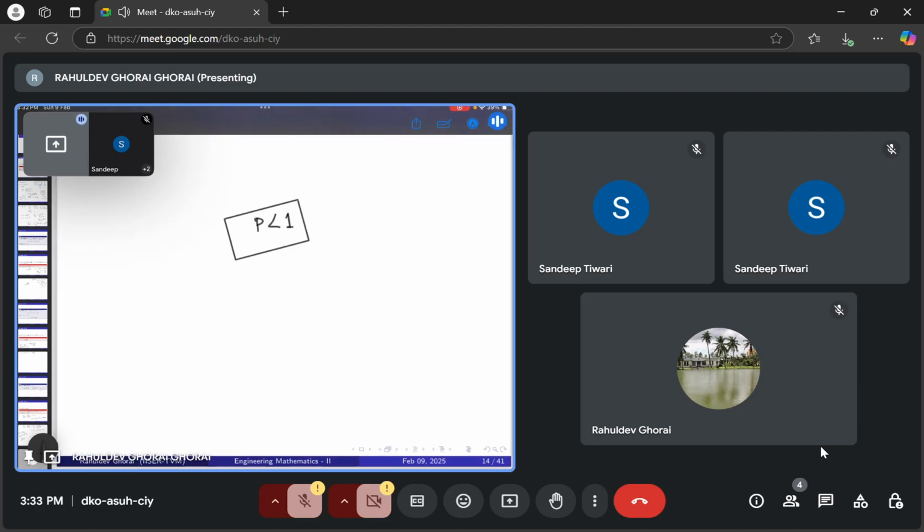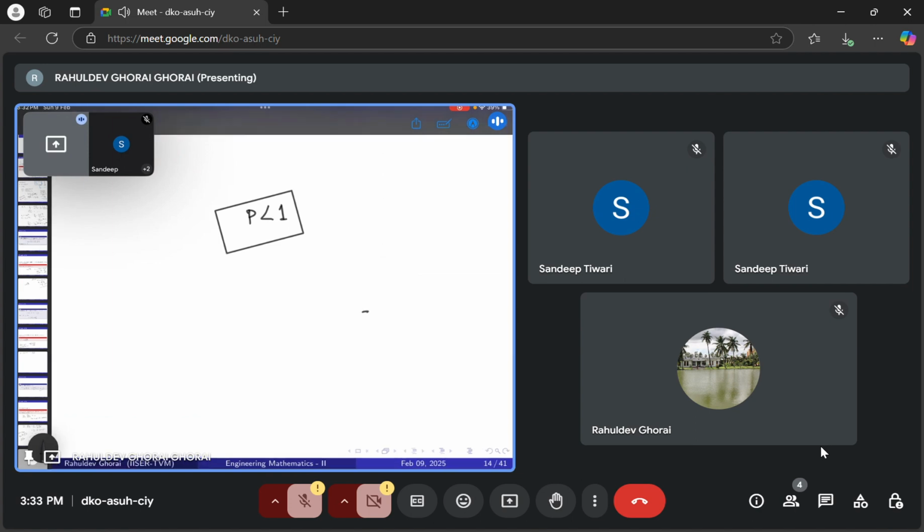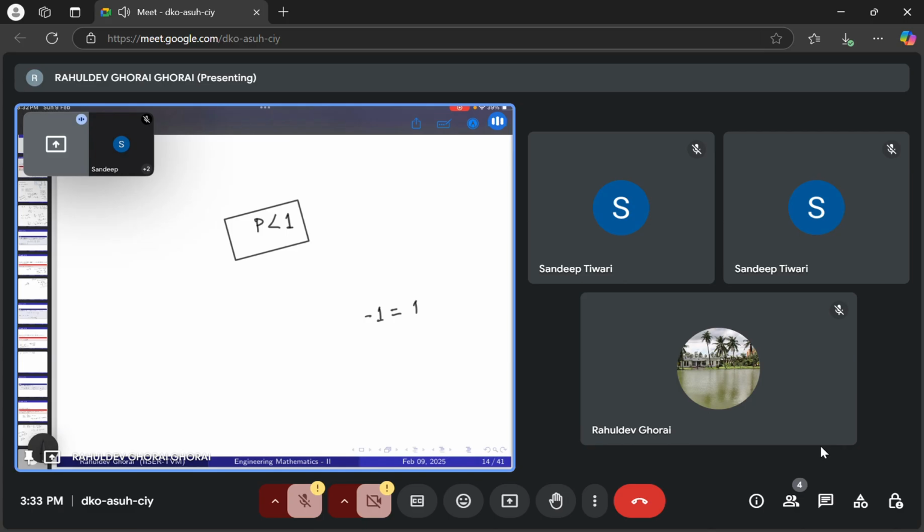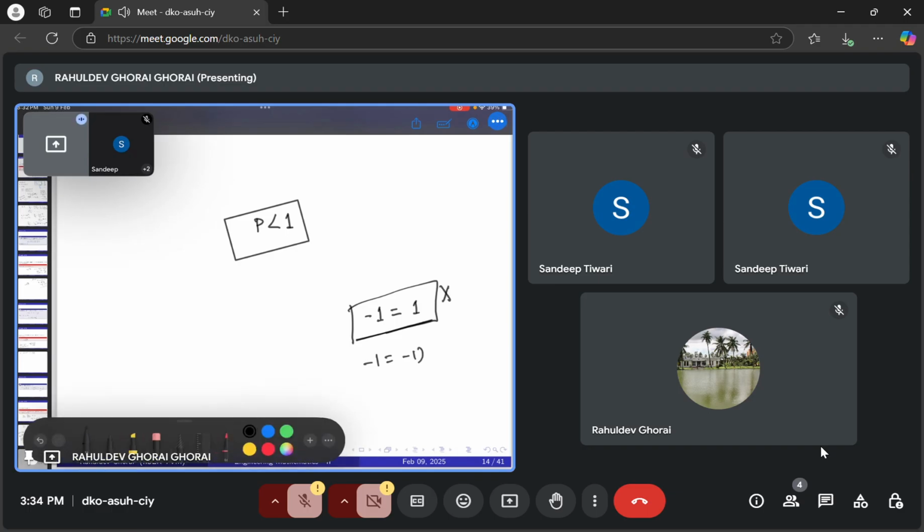I am also planning to make a small video on this. One can prove minus 1 equal to 1 using some very weird analysis, using the complex analysis square root thing.